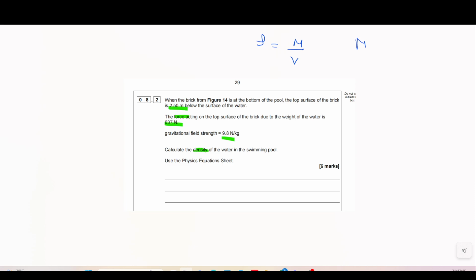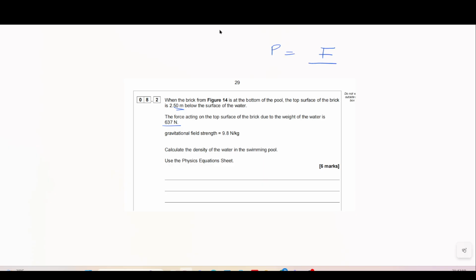So first, we need to check the units. We have the surface here. First let's find pressure.